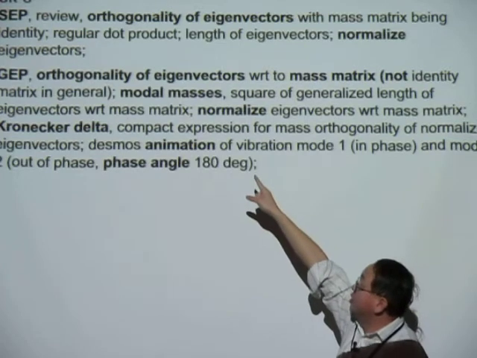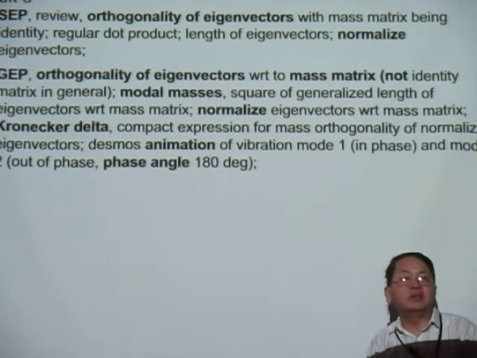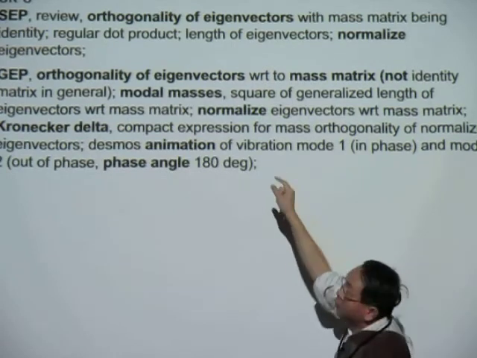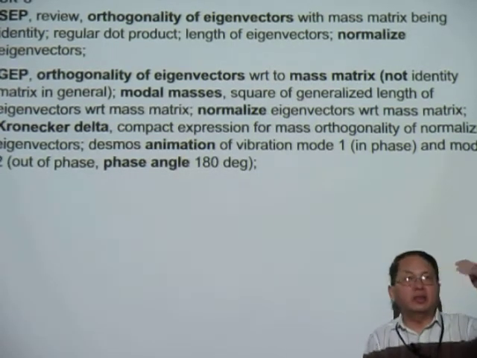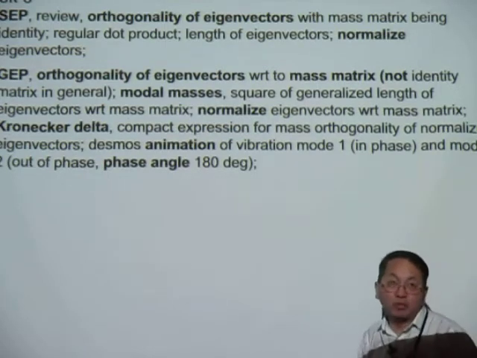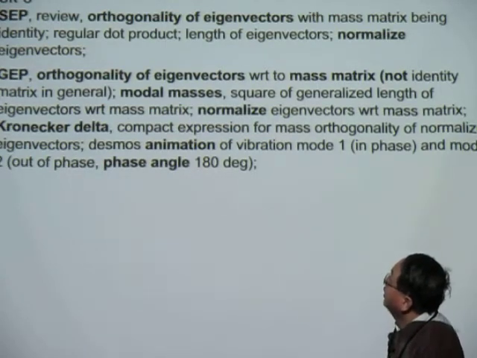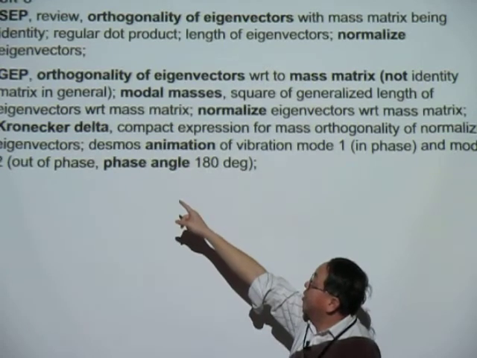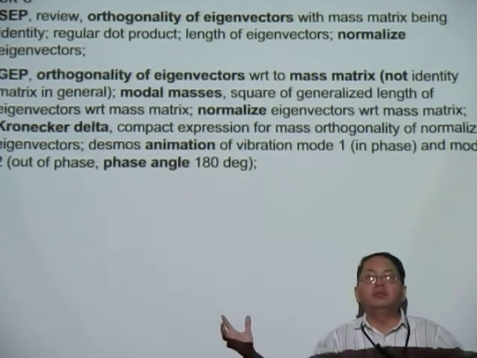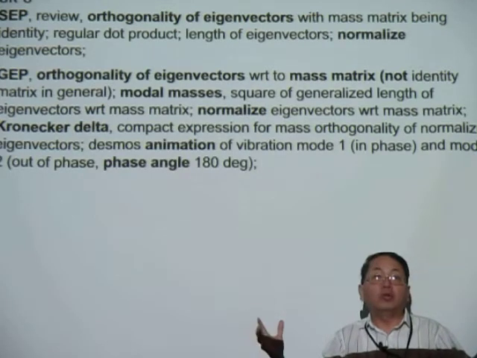So that is generalized to what is known as the modal masses. And then you can also normalize the eigenvectors with respect to the modal masses. Okay, essentially take the square root of the modal masses, right?